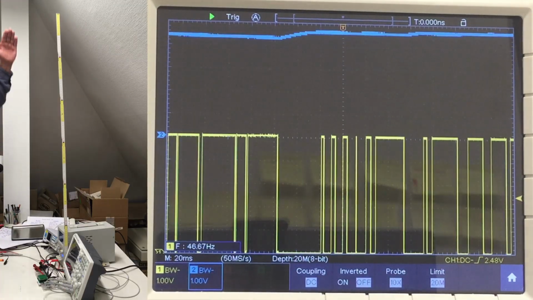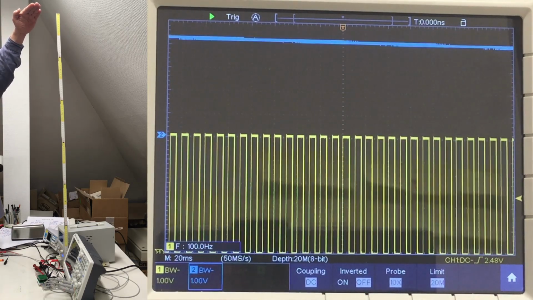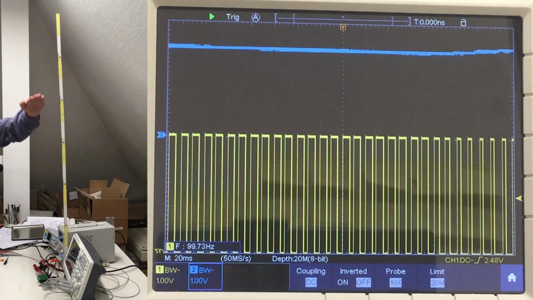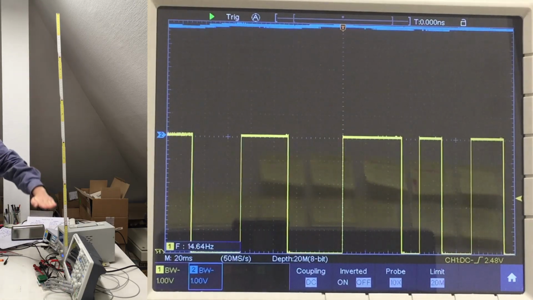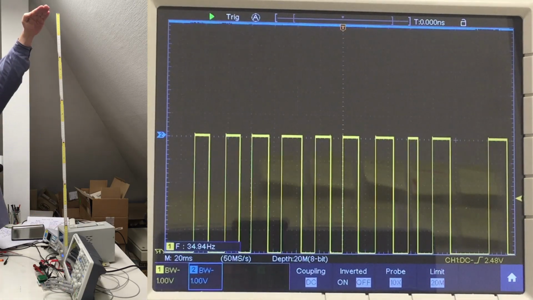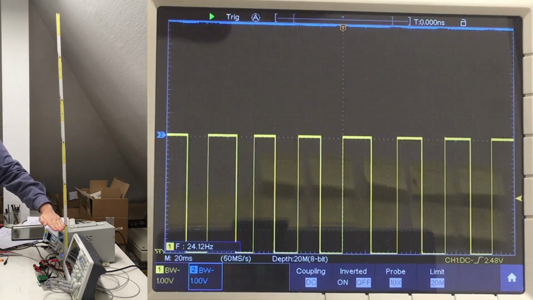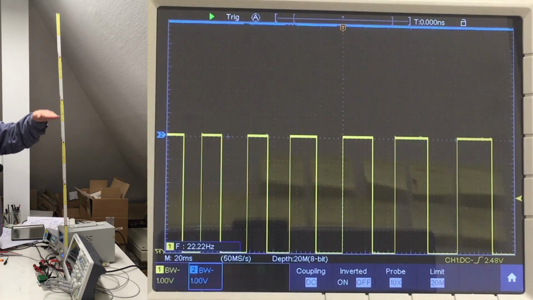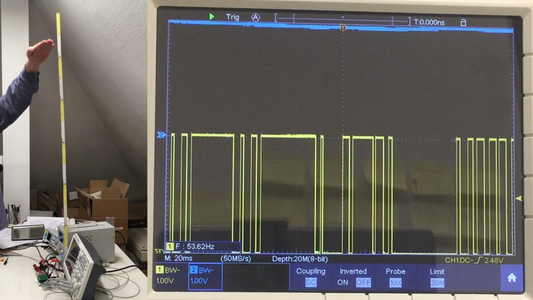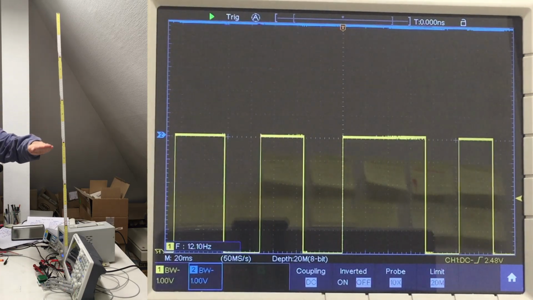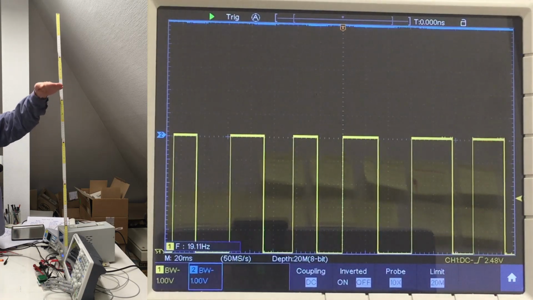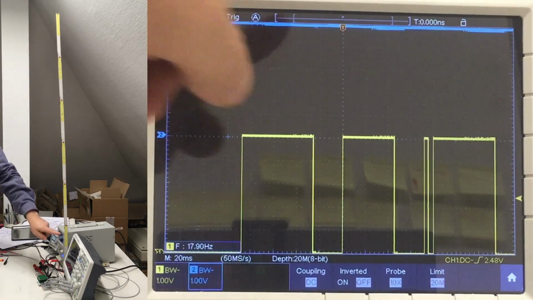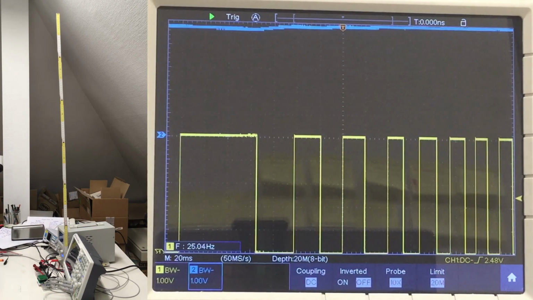So let's see with the hand. 21, 21, 21, nice signal. 21, 22, 21, 22. And maximum signal level.